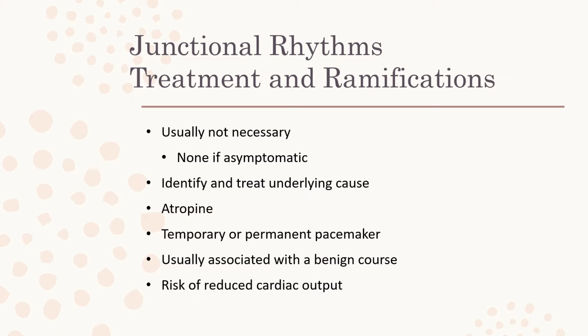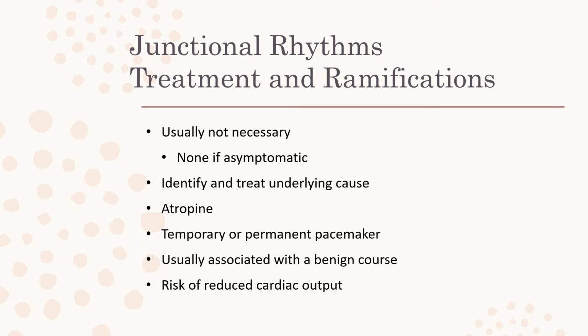So what are our treatments and our ramifications if we don't treat? First of all, you're not always going to treat a junctional rhythm. It's usually not necessary, and certainly not if they're asymptomatic. You need to identify and treat the underlying cause. For instance, if you've got medications that are slowing the sinus rate, you need to discontinue those medications or decrease their dosage.